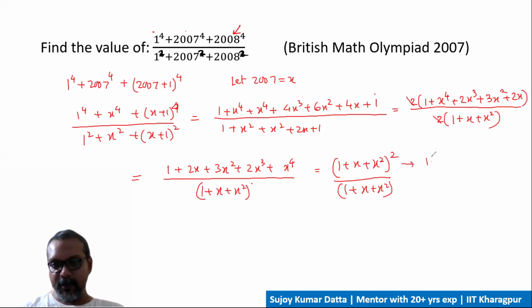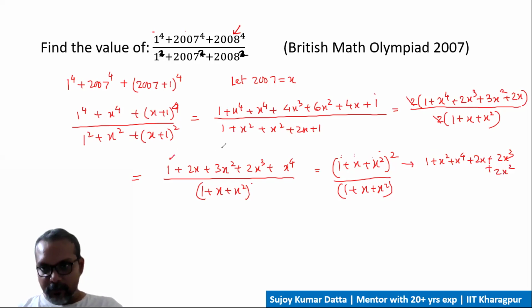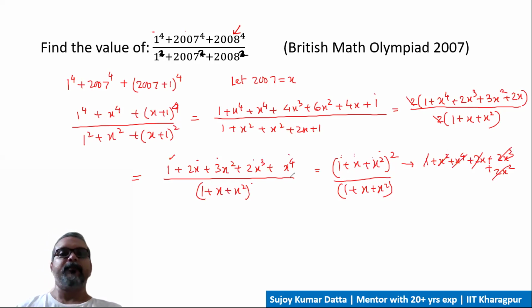So this one will now become 1 plus x squared plus x to the power 4 plus 2ab plus 2 of these two and 2 times of these two. So we will end up with 1, then 2x, then 3x squared, then 2x cubed, and x to the power 4.